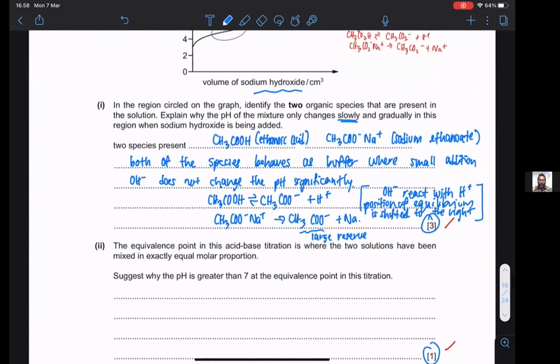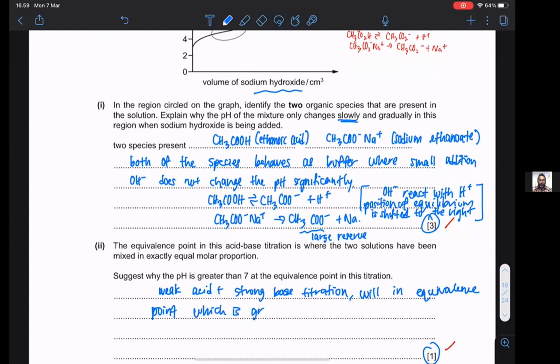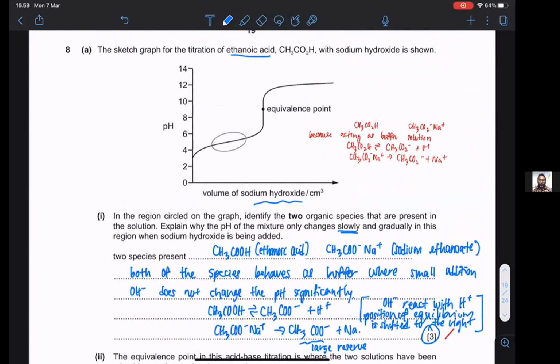So it is going to be a weak acid plus strong base titration. This will result in an equivalence point which is greater than 7.